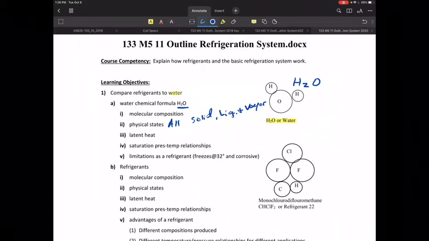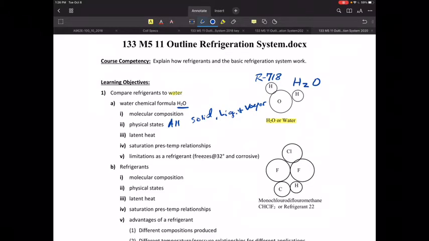One of the other things is that we have an ASHRAE designation number, R718. R718 is the ASHRAE nomenclature for water as a chemical composition.